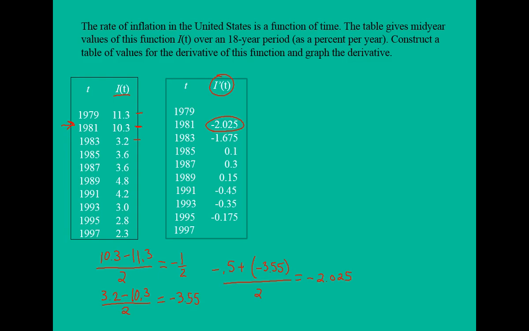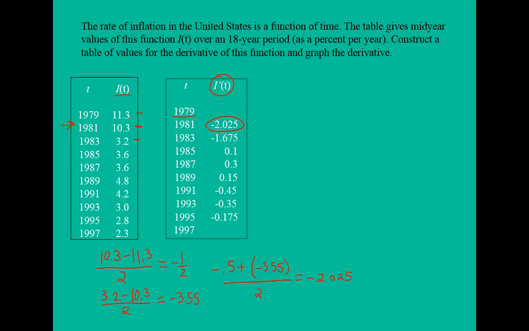And notice, at 1979, we don't have a value for a previous year, so we can't create a secant line. Therefore, I couldn't estimate the tangent line using two secant lines.